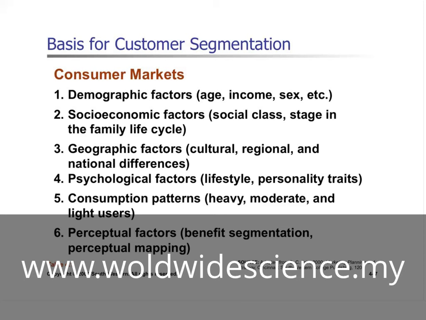Certainly in countries, the south or most hotter areas have different preferences than the north or the middle of the country. So the regional geographical issues are also important. Then psychological factors. Psychological factors are lifestyle and personality traits.